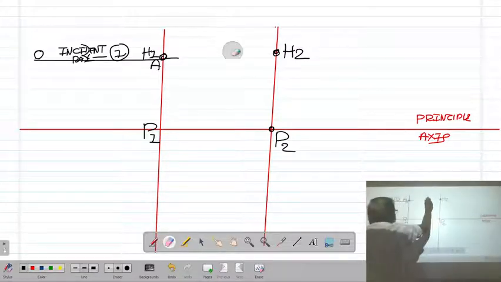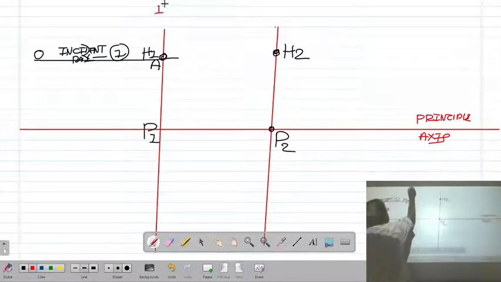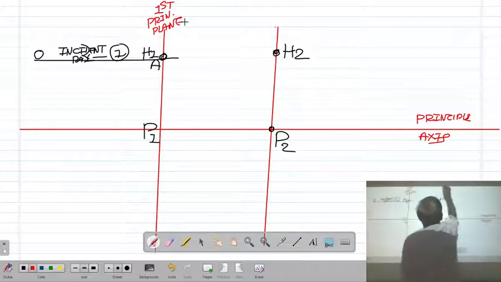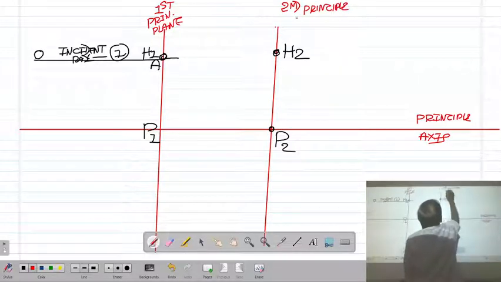Let me write here: this H1P1 is the first principal plane, and this H2P2 on the right hand side is the second principal plane. Right?